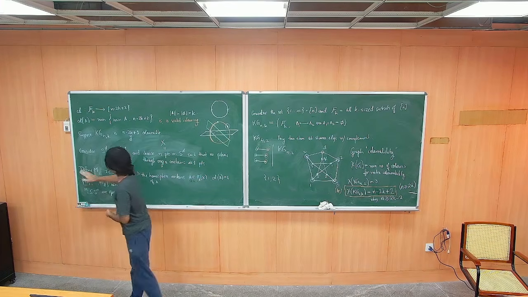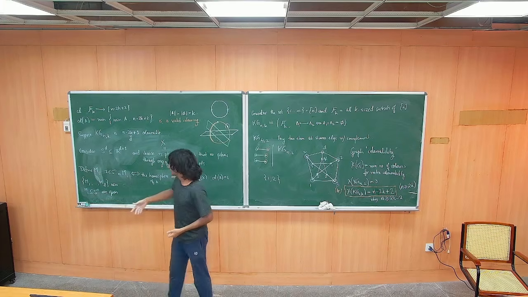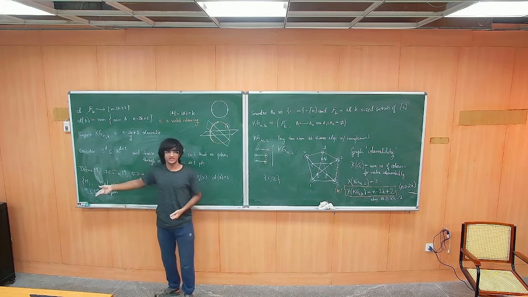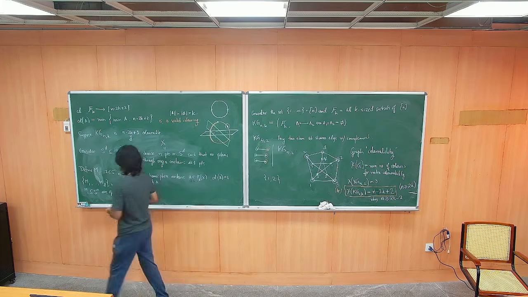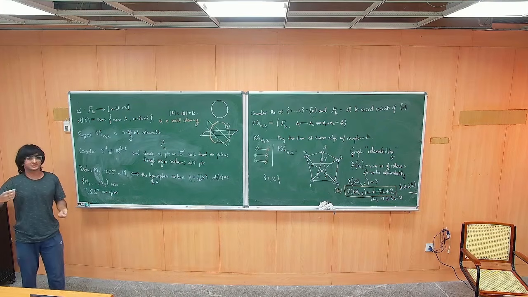So to use the LS theorem that I stated, I need it to be a cover. Well, right now it's clearly not a cover. I have no hope that it's a cover. So give me a cover.